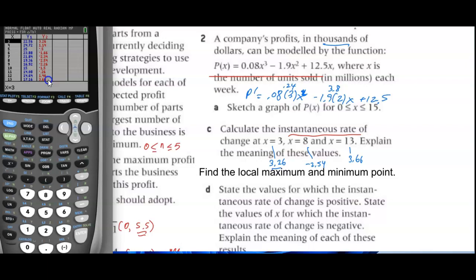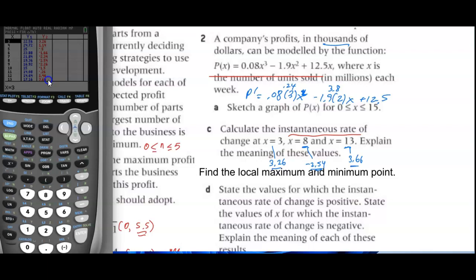Okay, and then at 8,000 parts, the profit is going down $2 million per thousand. And then finally, at x equals 13, which is 13,000 parts, the profit is going up at $3 million.